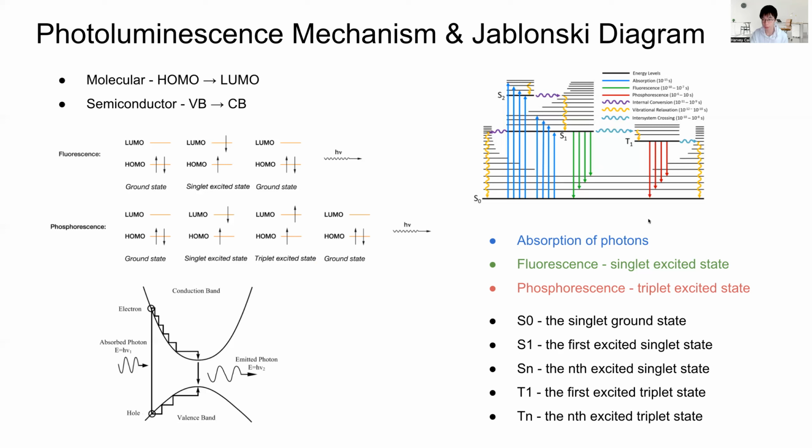For phosphorescence, the electron will be further converted to the triplet state, which is represented by the T here. When it goes from this level back to the ground state, phosphorescence will happen. And because there's an actual step of conversion in the spin state, from the singlet excited state to the triplet excited state, phosphorescence usually has a longer emission lifetime than fluorescence.